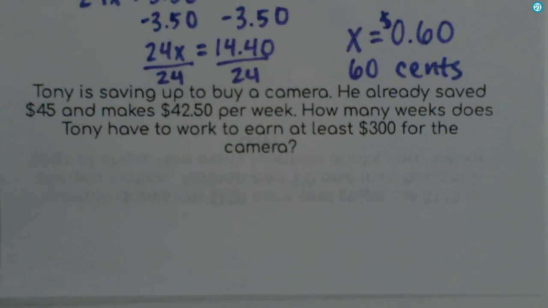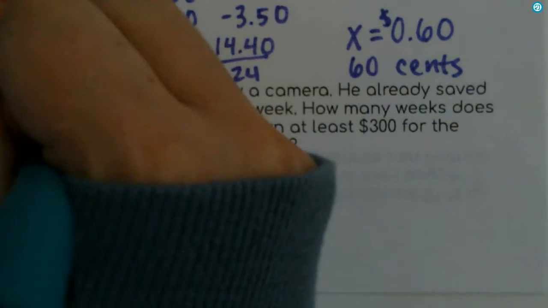So, first thing that we're going to do is define our variable. So in this one, our variable x is going to be the number of weeks he has to work. I'm just going to write x equals weeks.